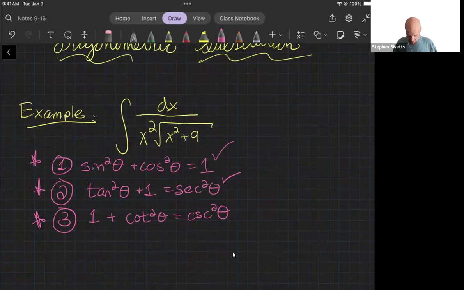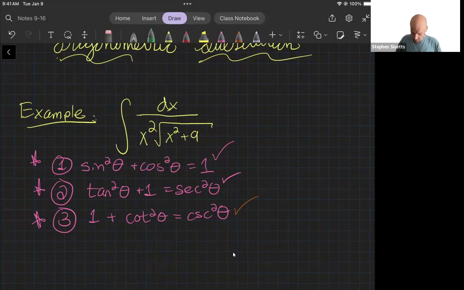And the last one is dividing the first Pythagorean identity by sine squared theta, and we'll get the last one. So we're going to use these Pythagorean identities to get a much simpler integral that involves trig functions, okay?